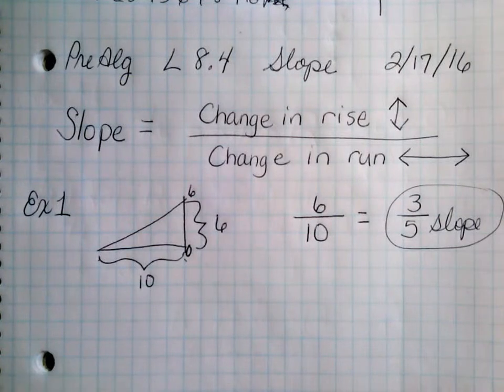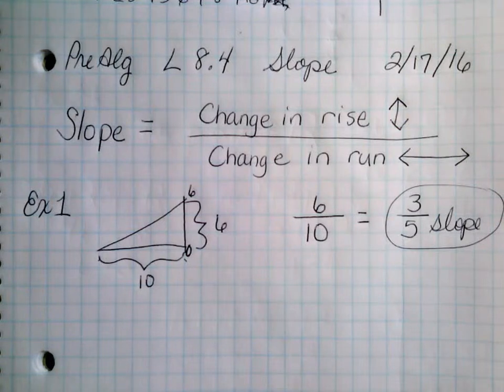Okay? Take a look at the bottom, the little notebook thingy that describes the slope of a line. If you are given 2 points of a non-vertical line, that means not like this, okay, not like this.